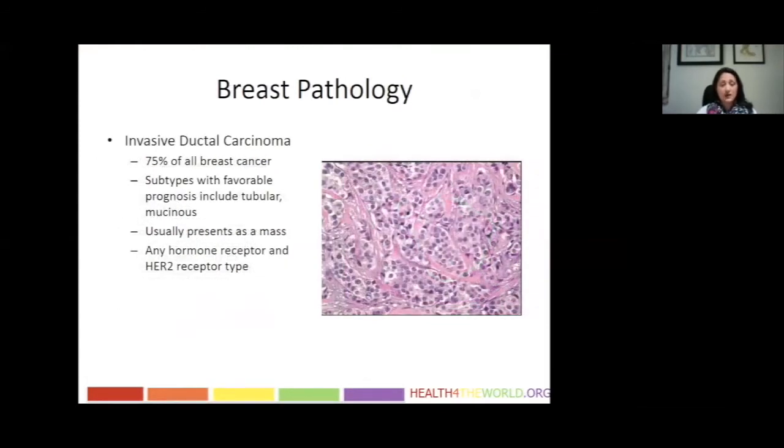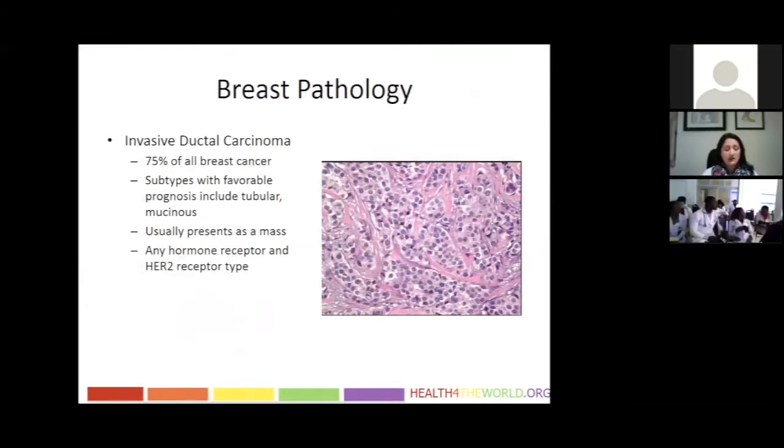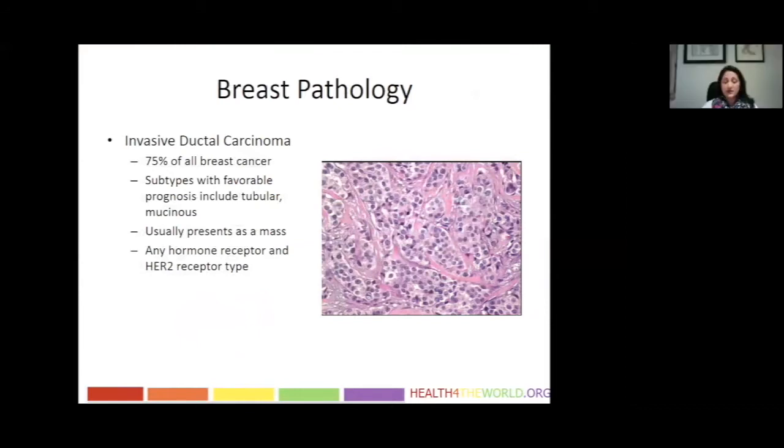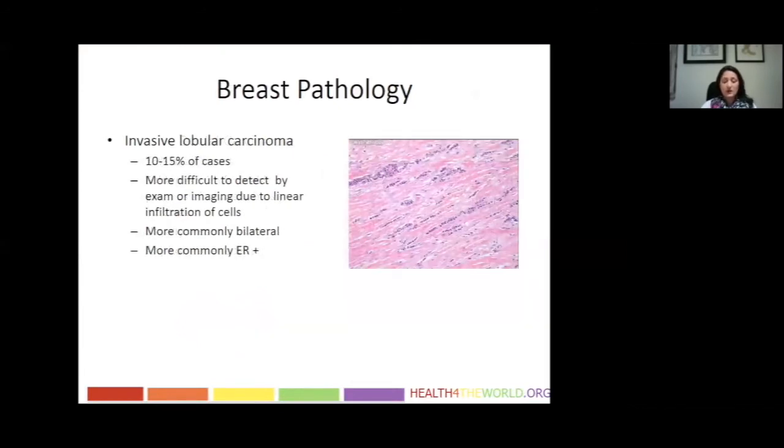Ductal carcinoma that is invasive constitutes the bulk of breast cancer diagnoses. When it is found, it is more likely to present as a mass. It can encompass every hormone receptor and HER2 receptor type and has a different pattern of metastatic potential and recurrence risk. This is in contrast to invasive lobular carcinoma, which represents a very small portion, or 10 to 15% of all breast cancer cases.